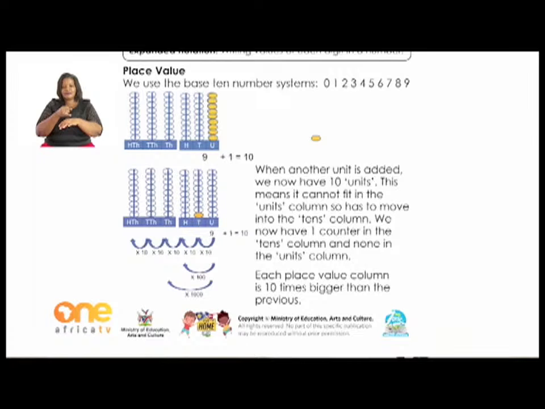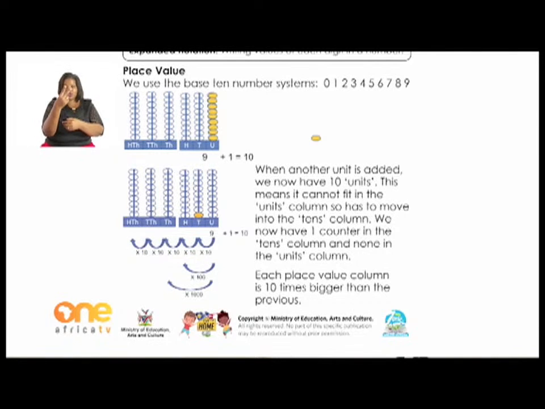There is 9 added to 1, which gives 10. It's just an explanation on that abacus, but I will do that on the chalkboard in a few minutes. The second abacus: when another unit is added, we now have 10 units.